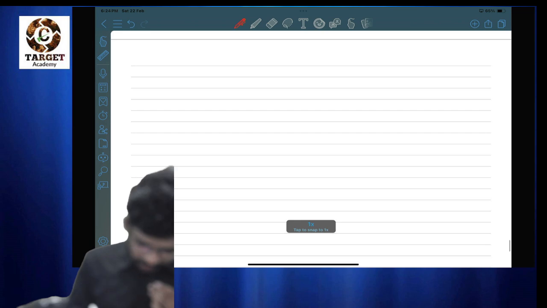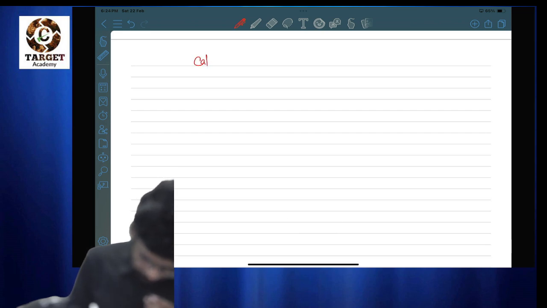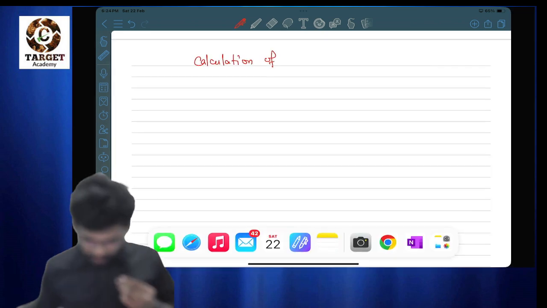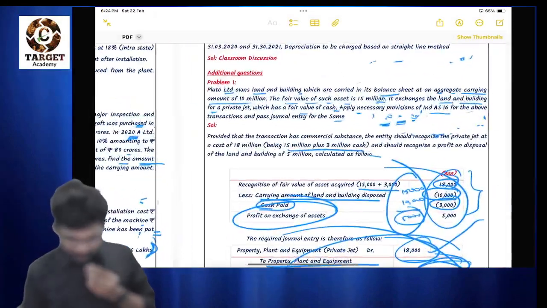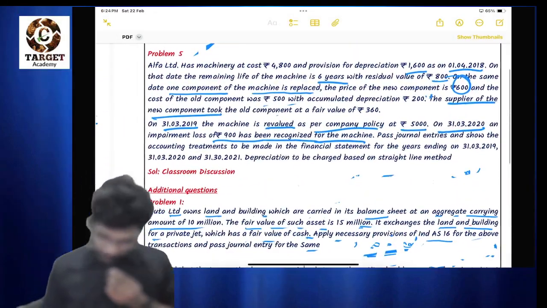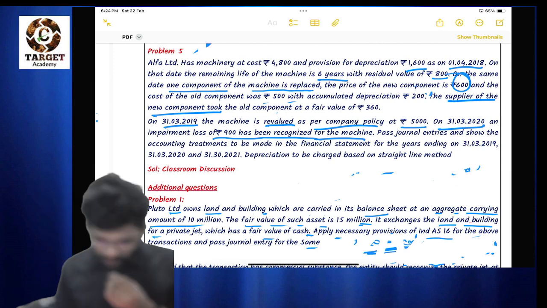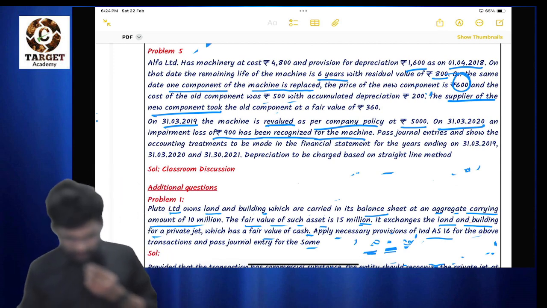Take in notes. Calculation of... What is the question asking? Pass journal entries and show the accounting treatment.